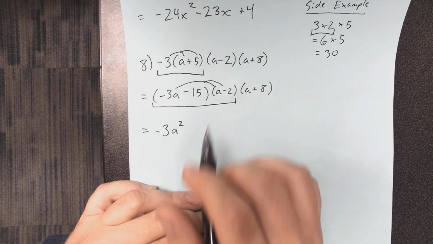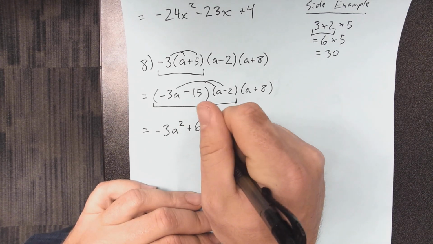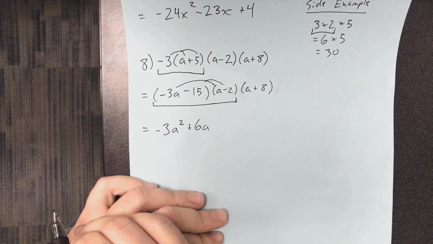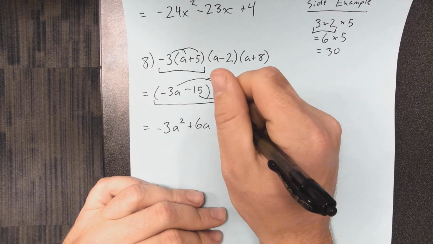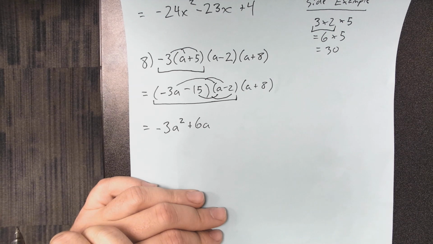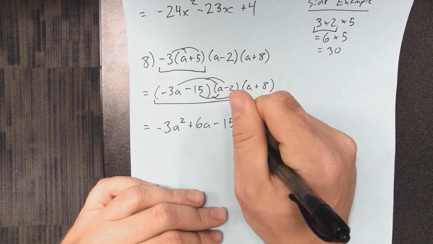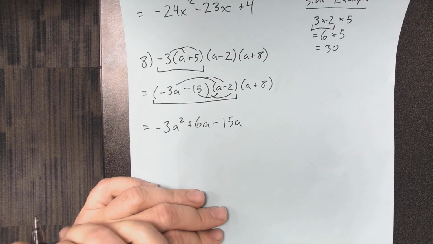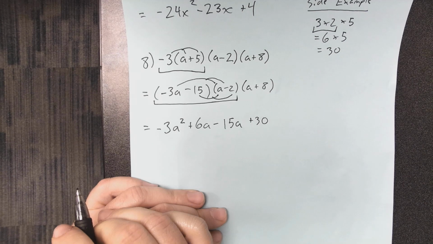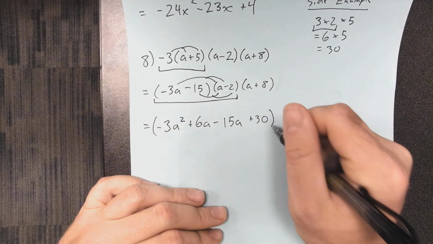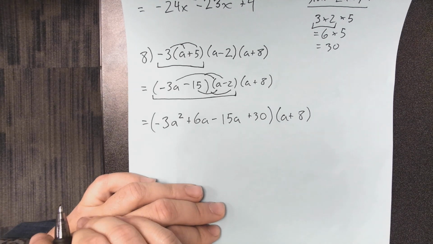Negative 3a times negative 2 is going to be plus 6a, because negative times negative is positive. We have successfully distributed the negative 3a to everything. Now distribute the negative 15. Negative 15 times a is minus 15a, and negative 15 times negative 2 is going to be plus 30. And we're not done yet. We still need to multiply all of that by a plus 8.